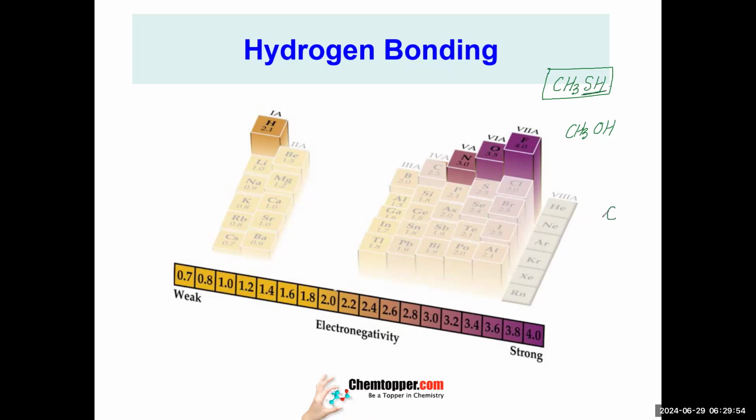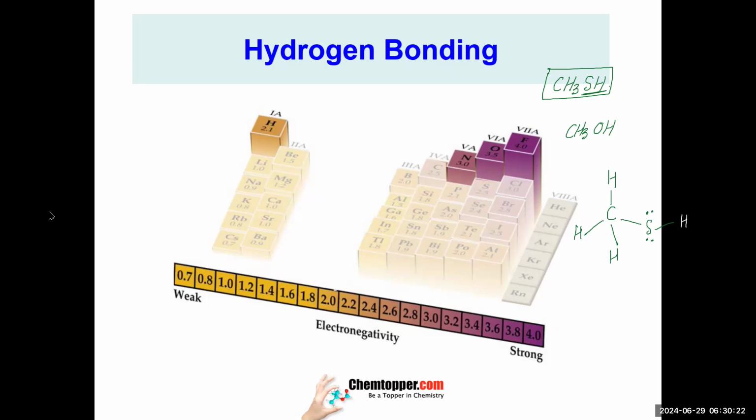If you see the Lewis dot structure of CH3SH, carbon is bonded to 4 groups. 3 are hydrogen and 1 is SH. This sulfur also has 2 lone pairs, just like oxygen here. Oxygen, when it is the central atom, can have 2 single bonds. This is SH.